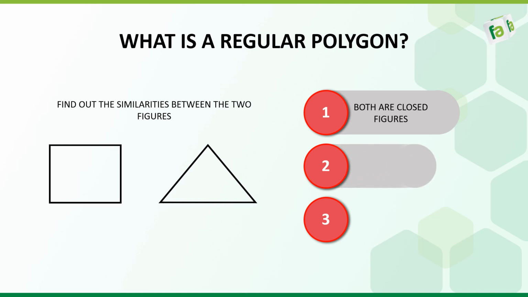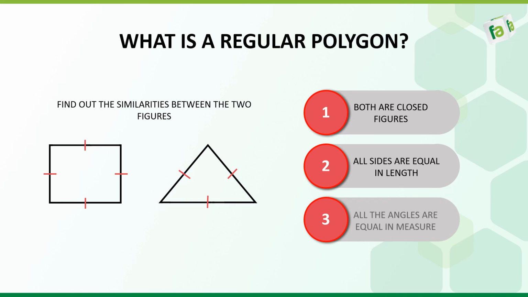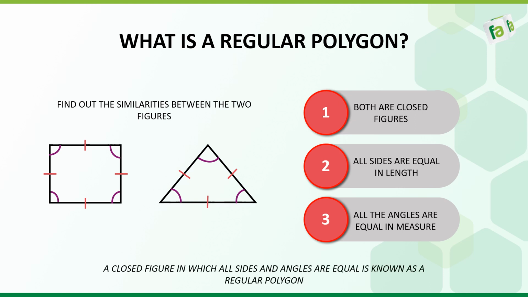Second, all the sides in the figures are equal in length. Third, all the angles in each of the figures are also equal. Hence, a closed figure in which all sides and angles are equal is known as regular polygon.